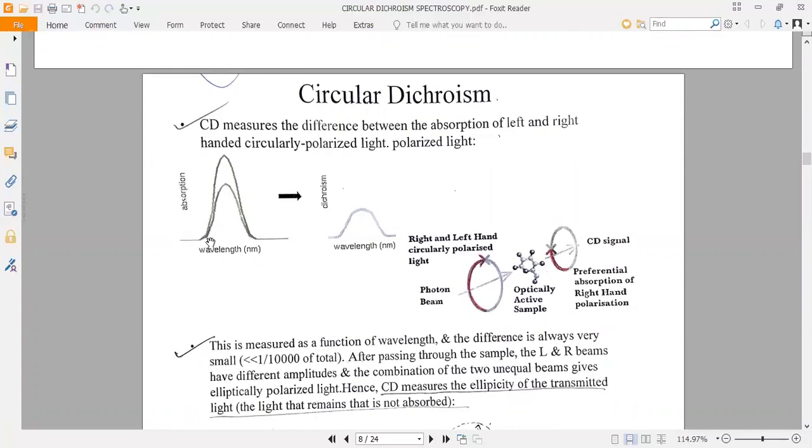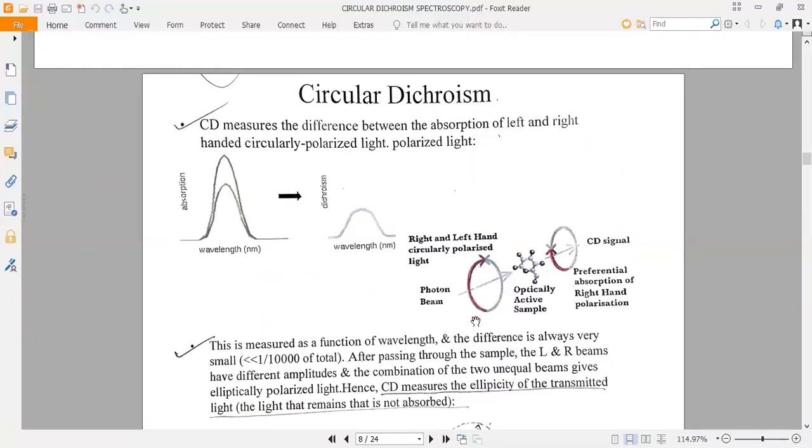Here absorption is shown on the y-axis, wavelength is shown on the x-axis, and you can see the absorption. Due to dichroism, the curve will be shown in this nature. It is for left and right-handed circularly polarized light.